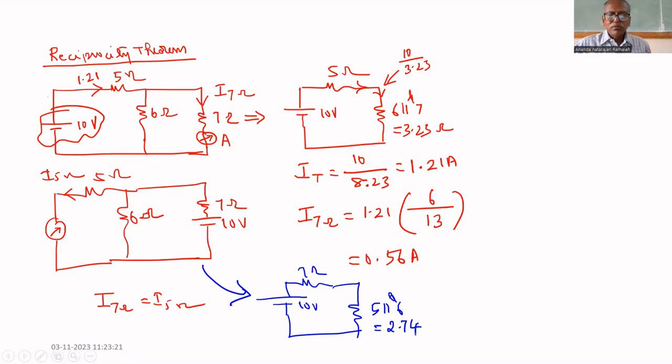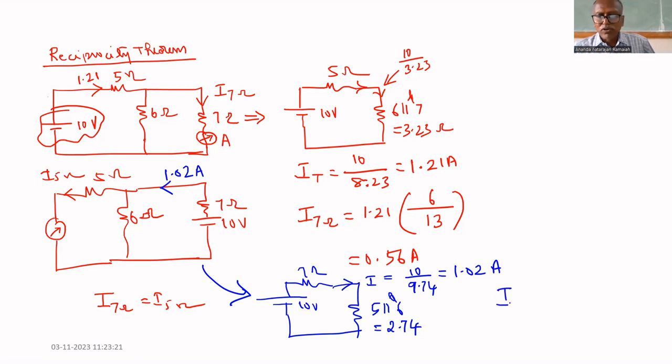So what is the current now? I equals 10 divided by 9.74, which is 1.02 amperes total current. Therefore, the current through this is 1.02 amperes. We have to use the current divider rule.